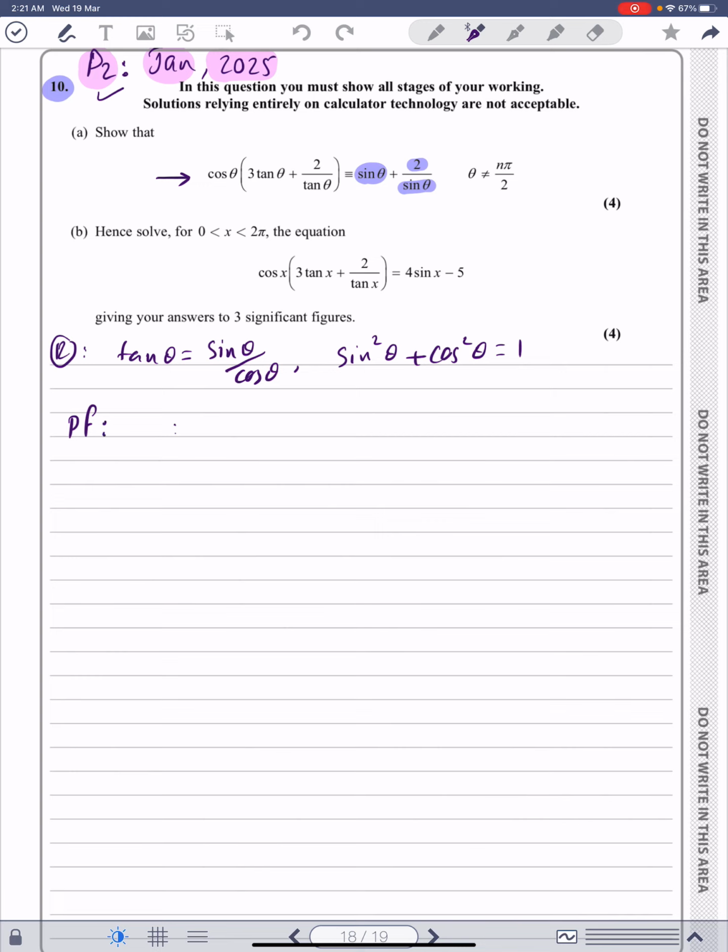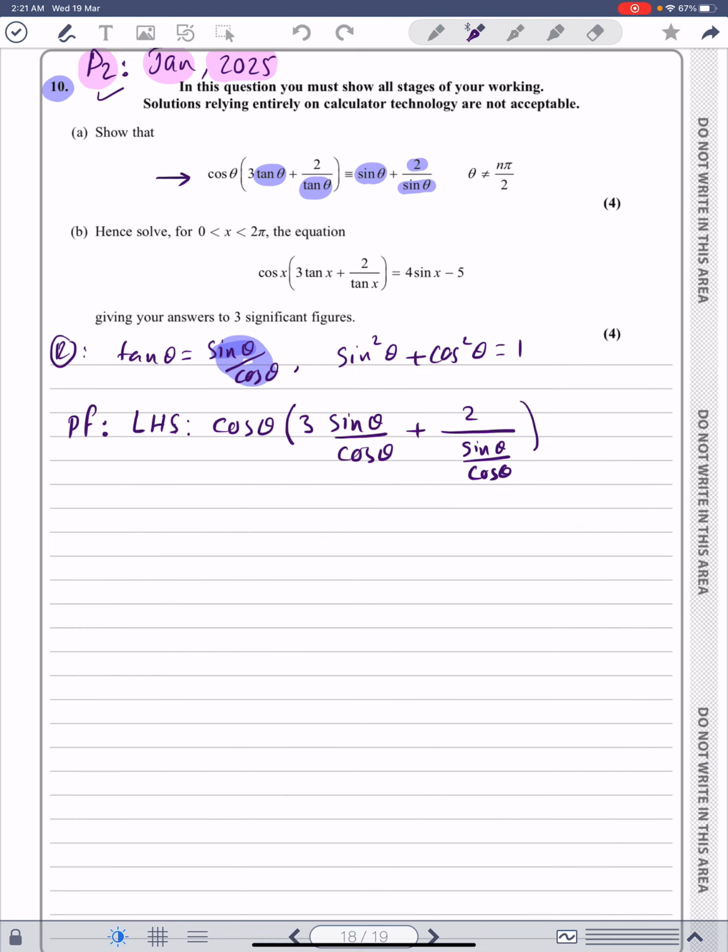It is easier to prove this identity by starting with the left hand side, directly replacing tan theta using this identity. So we start with cosine theta times (3 sine theta over cosine theta plus 2 over sine theta over cosine theta).